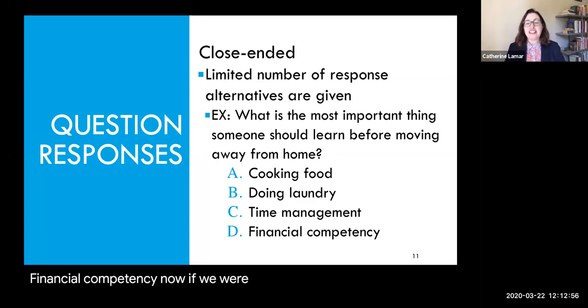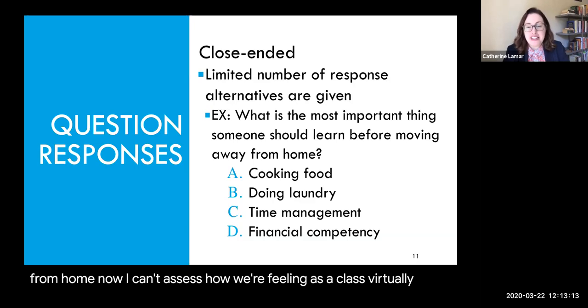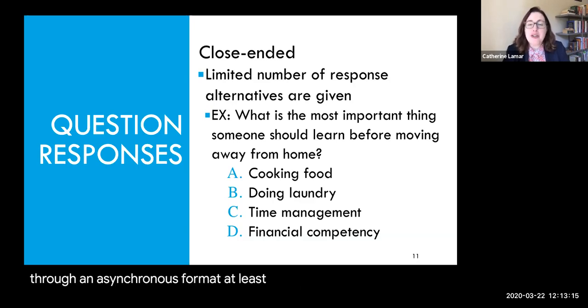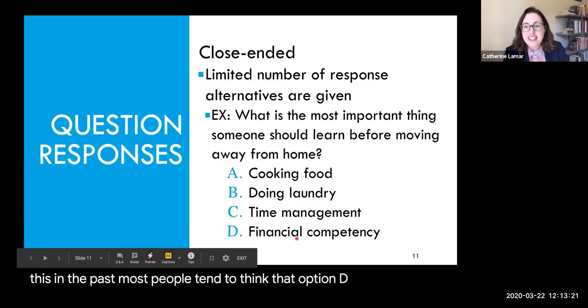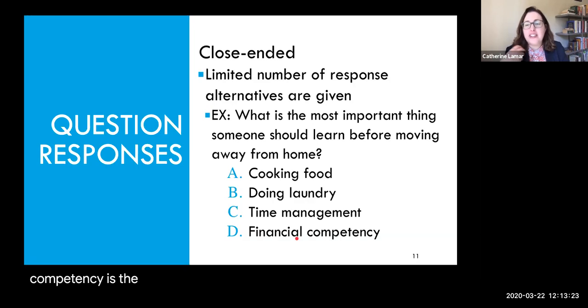Now, if we were in class, I'd ask you to raise your hands and actually vote, and we would be able to see what we think is the most important thing someone should learn before they move away from home. Now, I can't assess how we're feeling as a class virtually through an asynchronous format, at least. But generally, when I've taught this in the past, most people tend to think that option D, financial competency, is the most important thing that someone should learn before they move away from home.